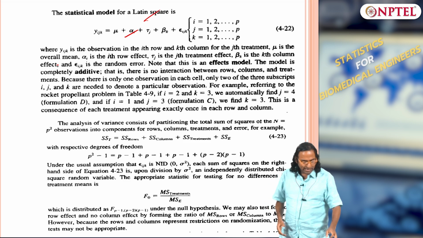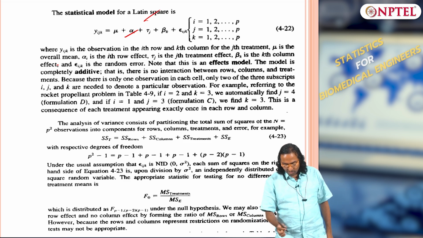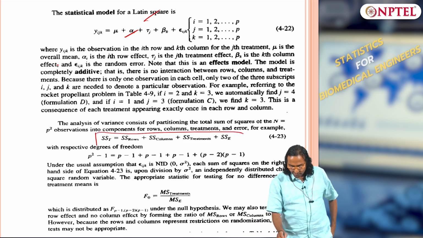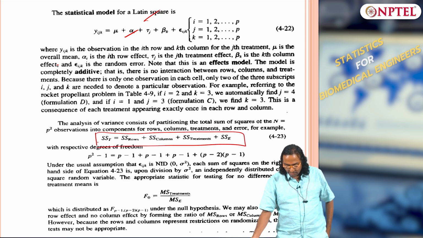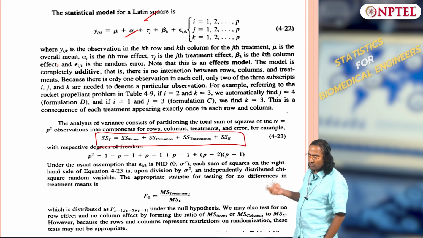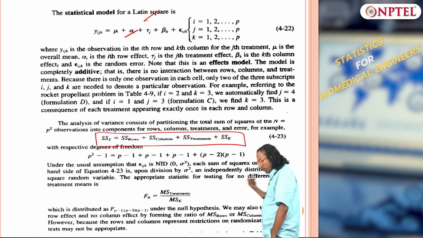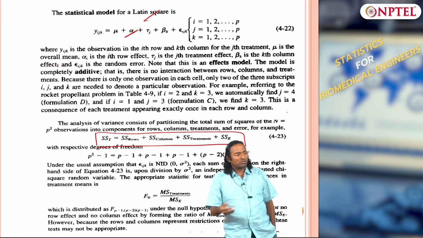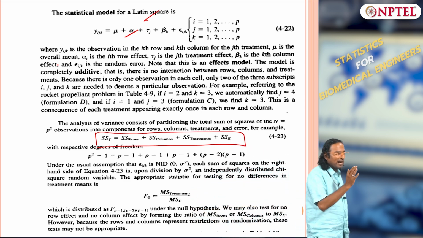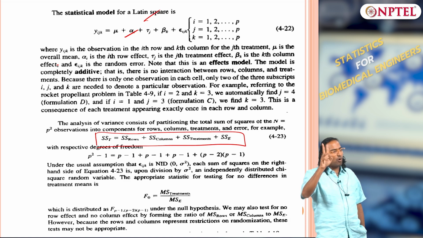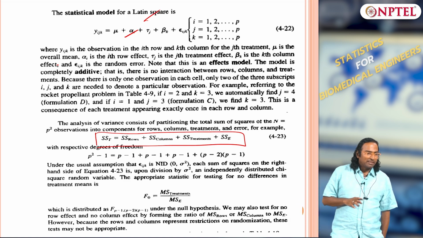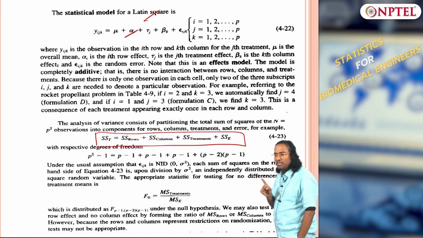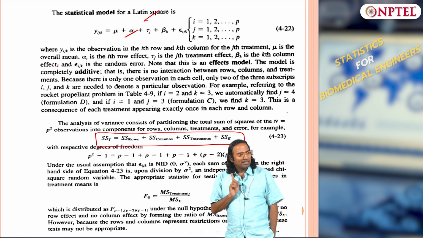Okay. So here again, you should have expected that the total sum of squares is divided into rows, columns, treatments and error. Rows and columns are blocks, or you can consider them as other variables. So you have 4 divisions. The idea behind all of this division is that there are no interactions, keep that in mind.